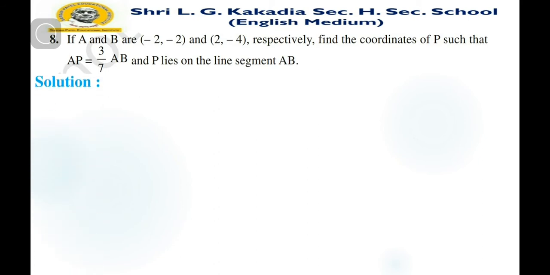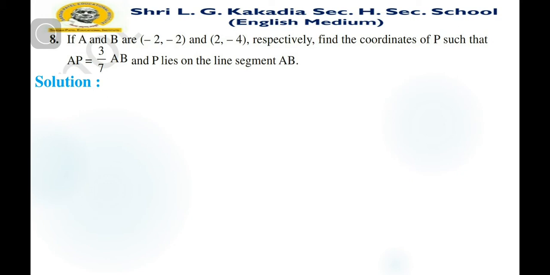Question number 8. If A and B are (-2, -2) and (2, -4) respectively, find the coordinates of P such that AP is equal to 3/7 of AB and P lies on the line segment AB.